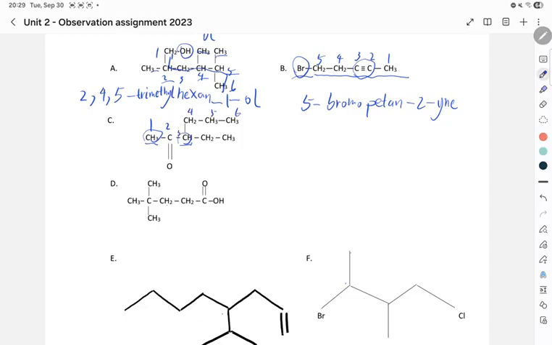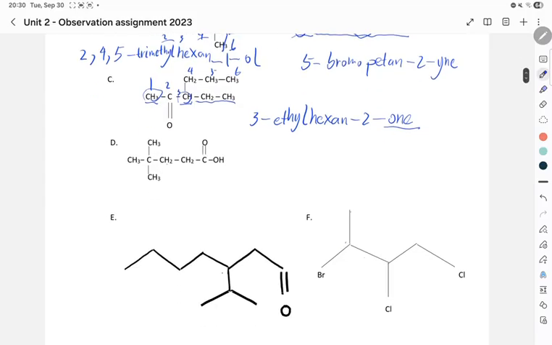So the parent name should be hexane. And here we have the branch ethyl. So the full name should be 3-ethyl hex. The functional group is in the second position, so it should be the ONE ending.